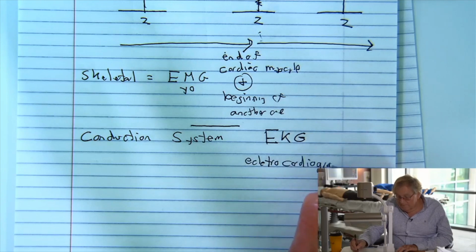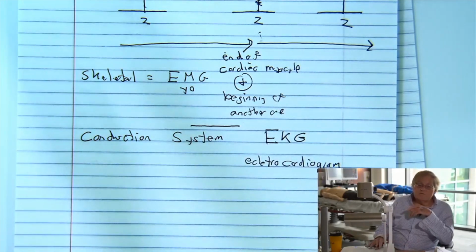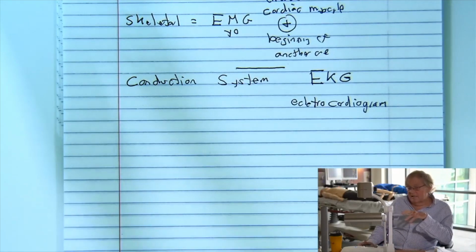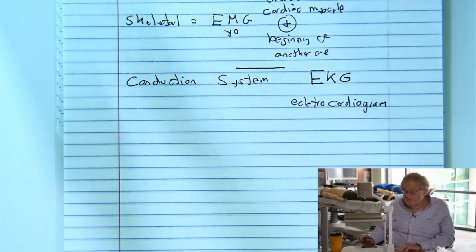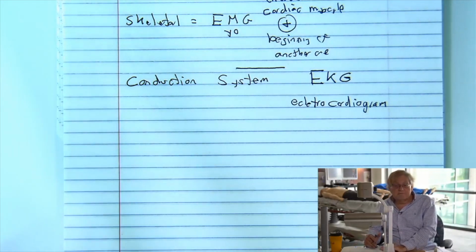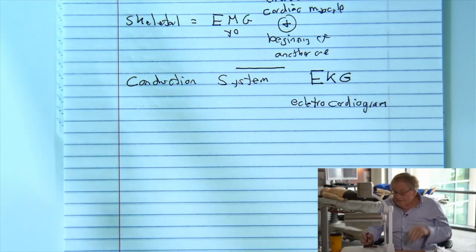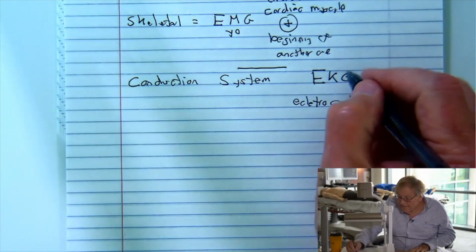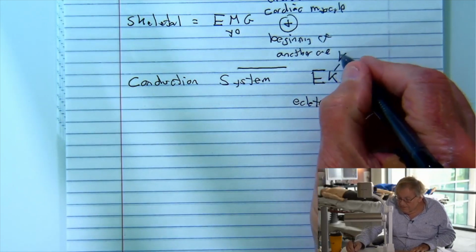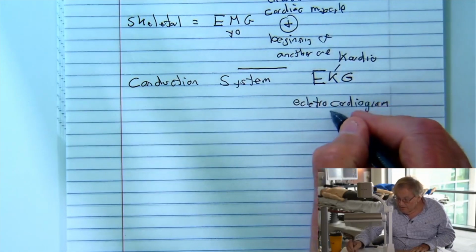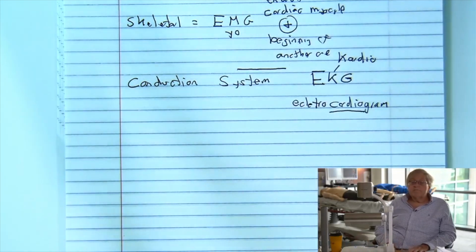A lot of people oftentimes ask, well, how come you say EKG and then you just spelled it electrocardiogram? The answer is that the electrocardiogram was invented by a guy named Einthoven. He was a Dutch-German physician, and when he did it, he used the German word with a K, and the German word for heart is kardio, K-A-R-D-I-O, versus cardio, which is our word for heart.